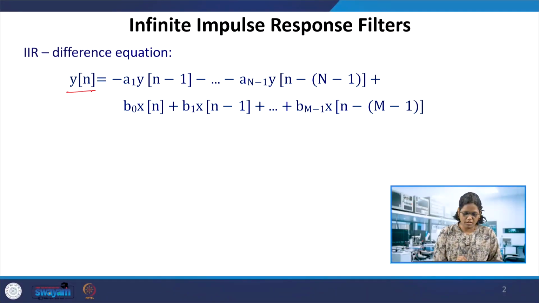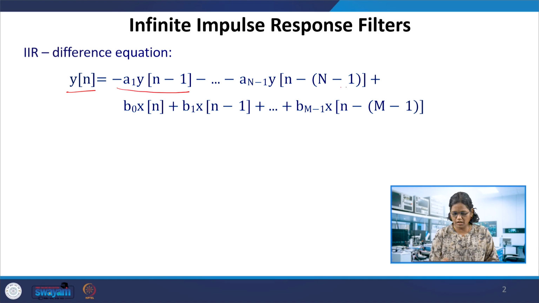But in the case of IIR filter, we differentiated that it would take the present input, past inputs as well as past output samples to decide the present output. So the difference equation obeyed by IIR filters is: y[n], the current sample or present output, depends on the first feedback, minus a1 times y[n-1], minus a2 times y[n-2], minus a3 times y[n-3] and so on, up to a(N-1) times y[n-(N-1)].